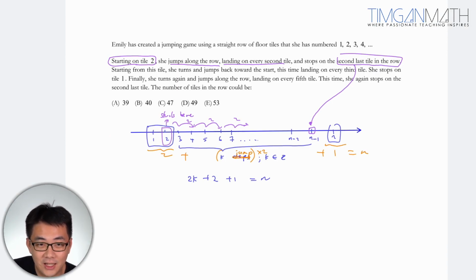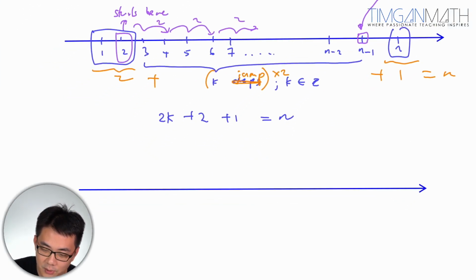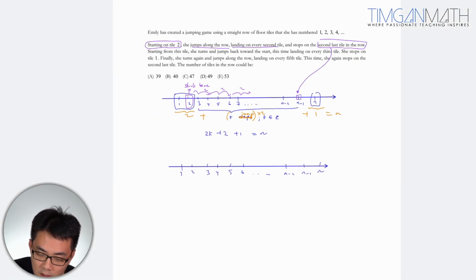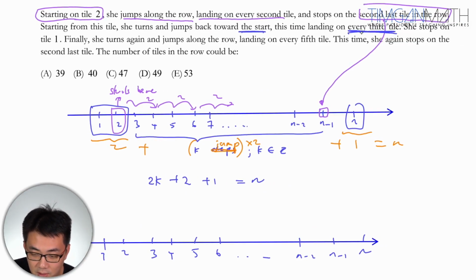Now then, the next thing, starting from this tile, she turns backward. I'm going to draw another line here so that I will get a nice one. So it's 1, 2, 3, 4, 5, 6, and so on. This will be n-2, this is n-1, this is n. Starting from this tile here, she turns and jumps backwards towards the start, this time landing on every third tile.